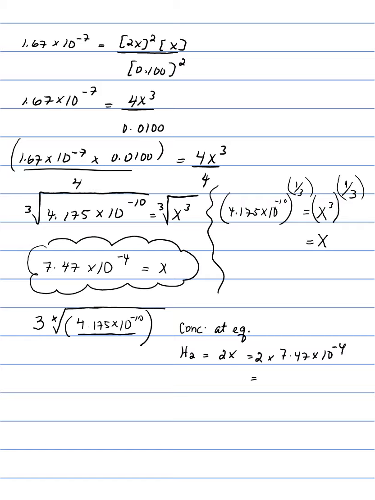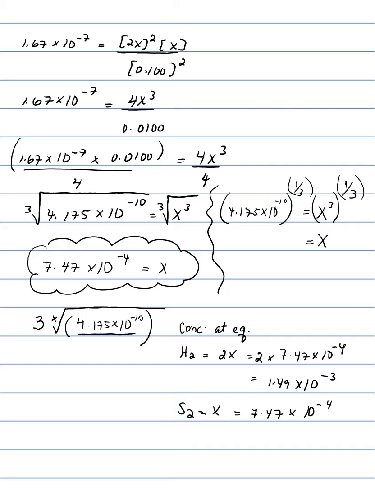So 2 times the value of x is going to tell you the concentration at equilibrium for H2: 1.49 times 10 to the minus 3, or 0.00149. The concentration at equilibrium for S2 is equal to x, which is 7.47 times 10 to the minus 4.